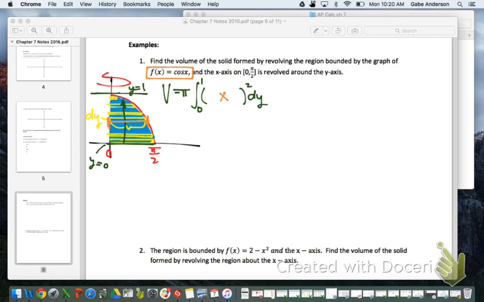So I'm going to write y equals cosine of x, and I'm going to attempt to get the x all by itself so that I can substitute with that. So to do that, I'm going to do the inverse cosine of y, and that'll give me x. So I can come back up here and erase the x, and replace it with inverse cosine of y.